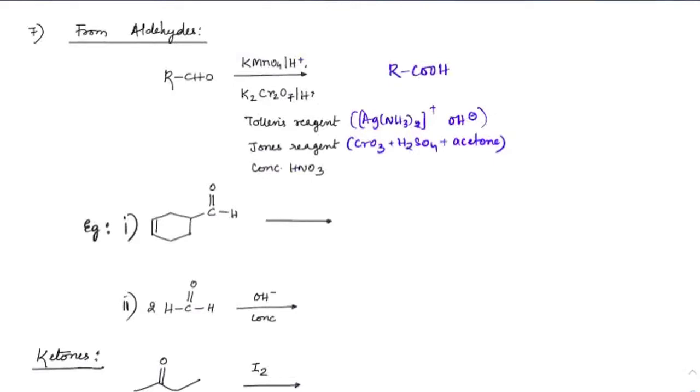Instead, we can take either Jones reagent or Tollens reagent. So by using Tollens reagent, first we will get COO minus, followed by acidic hydrolysis, we will get COOH.